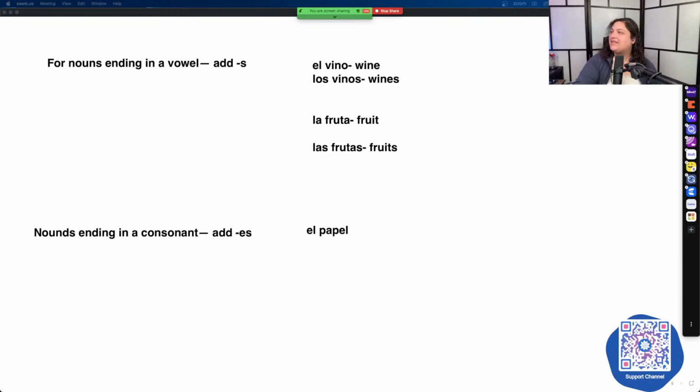Papel means paper. Or it can also mean roll, not like a toilet paper roll, like a role in a movie.